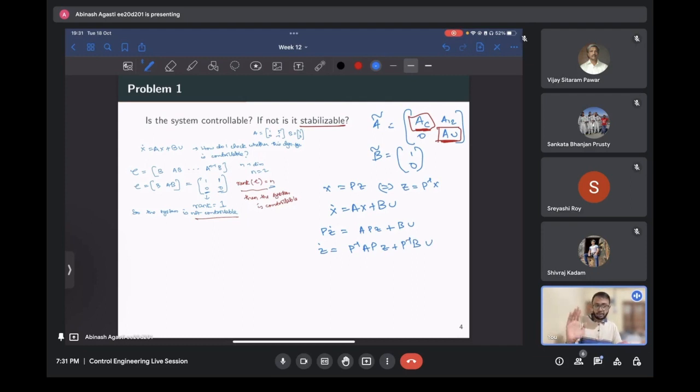Right, this is a similarity transformation, basically a change of coordinates. We came from the coordinates x to the coordinate system z. And then what transformation P should we take?